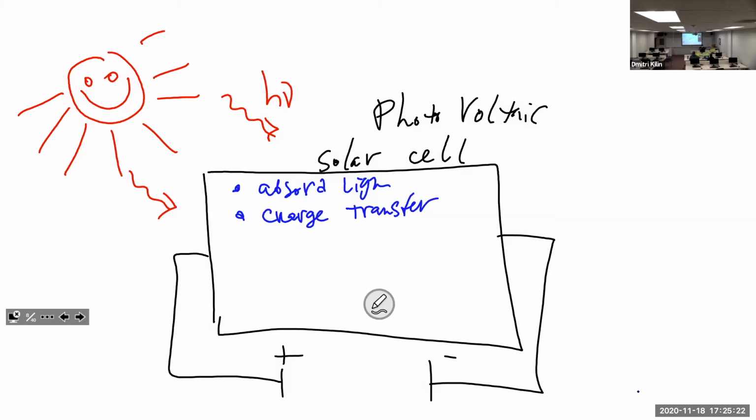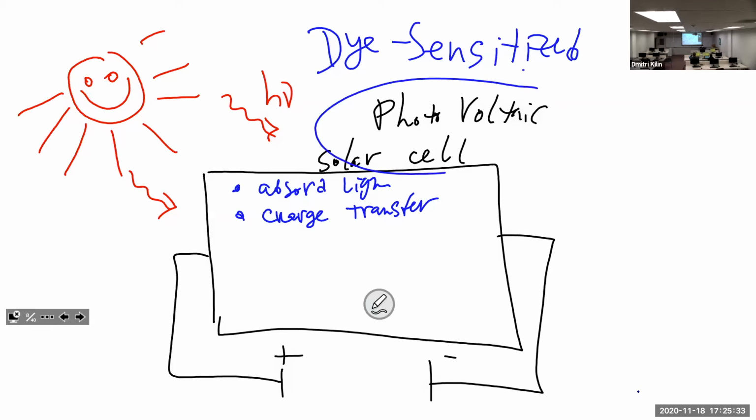So why are we using the word dye-sensitized source? Because dyes often absorb visible light, and often these are metal-organic dyes.